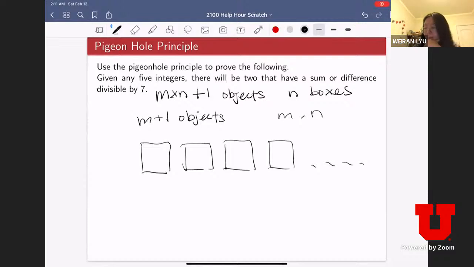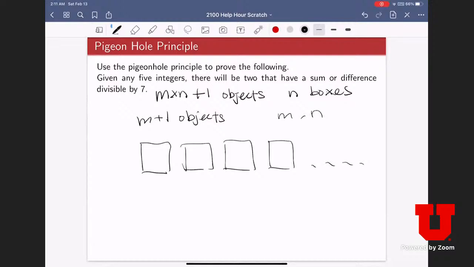All right, so how many containers should we have in this problem? Four. Do you want to talk about how you got that? Yeah, I usually start with objects. I know I'm going to have 5 objects because they said given any 5 integers.